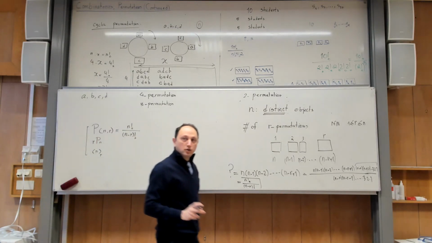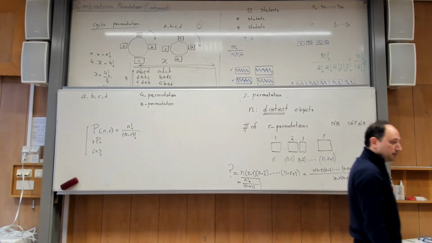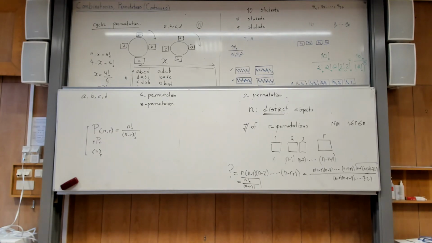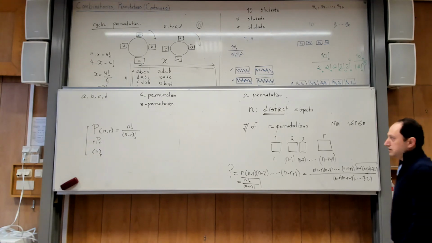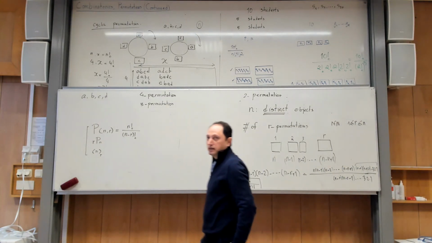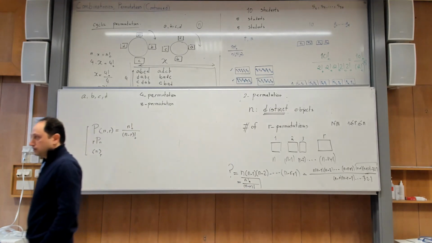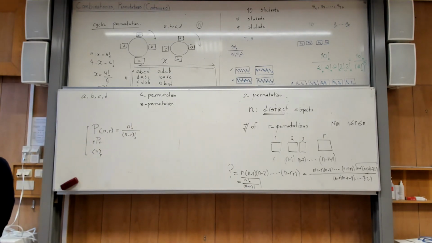This is one of those cases where you really don't need to prove it for me. If the answer to the question of the problem is this one, you can motivate it and then you can just write the formula there. You don't need to prove it every time.